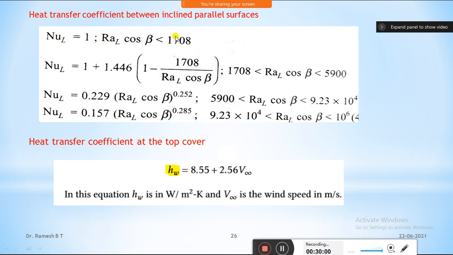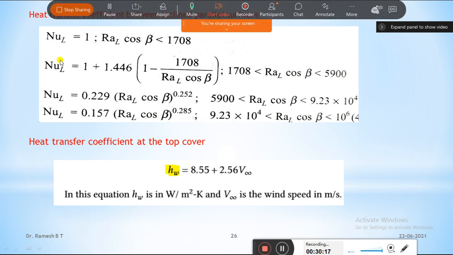If it is inclined, we go with the Nusselt and Rayleigh equations. These are some standard equations you should know. If it is a normal straight parallel surface, we consider the previous equation, but if it is inclined and parallel, then we have to go with these equations.